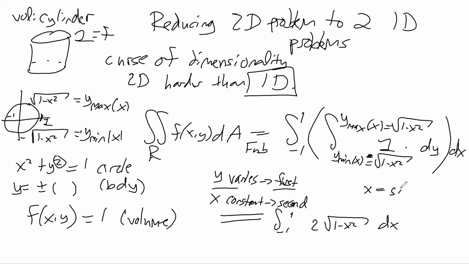I would use x equals sine theta. And that gives you dx equals cosine theta d theta. And if you remember the graph of sine, it achieves 1 and negative 1 at pi over 2 and negative pi over 2.